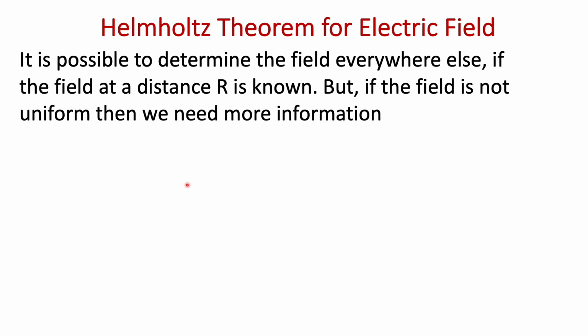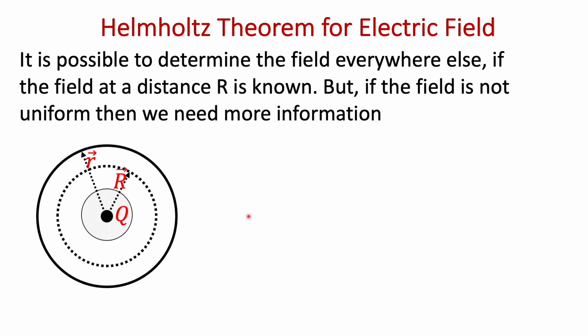What this theorem says is, it is always possible to determine the electric field at any other point if we know the electric field at a particular point due to a charge distribution. We don't really need to know what the charge distribution is. If we know what the electric field is at a particular point due to that charge distribution, then we can calculate it at all other points.